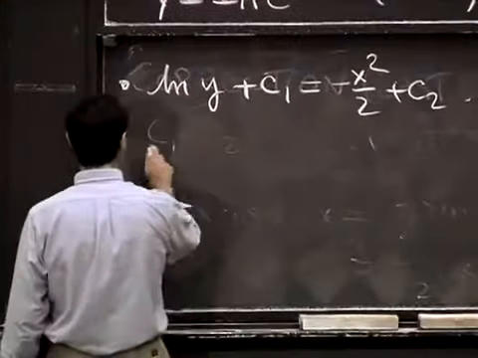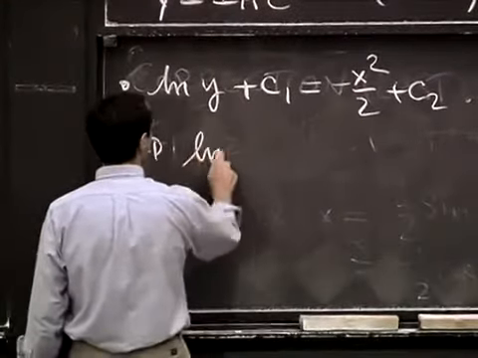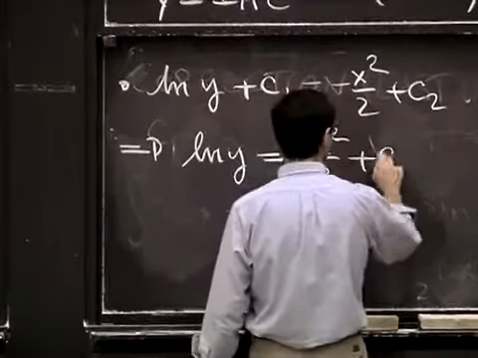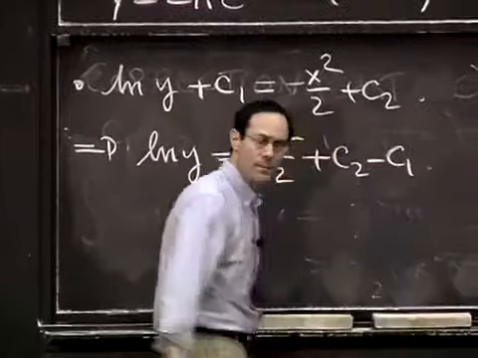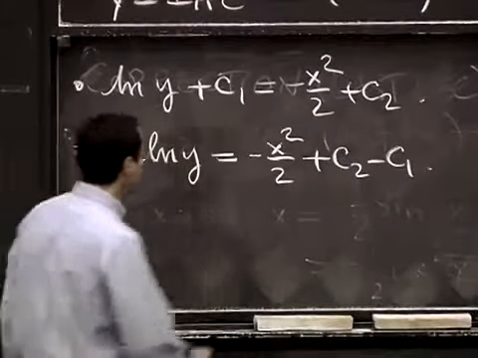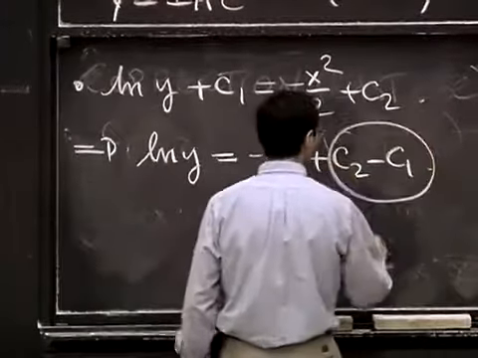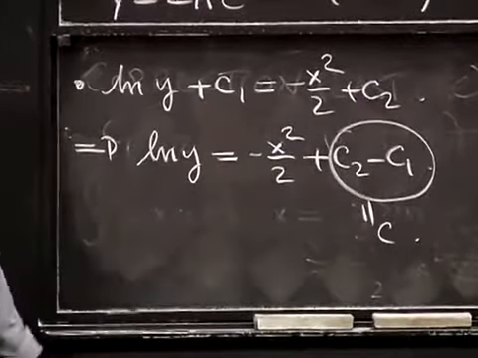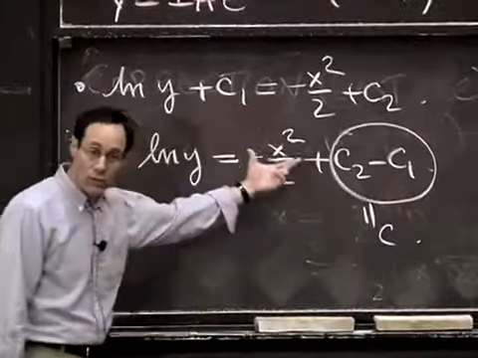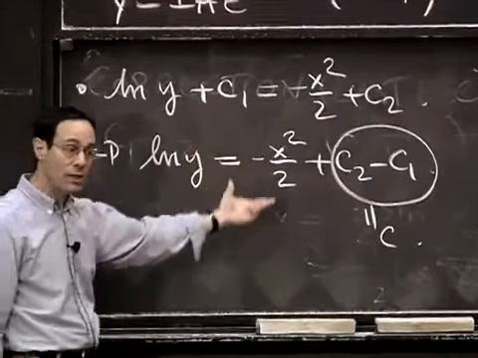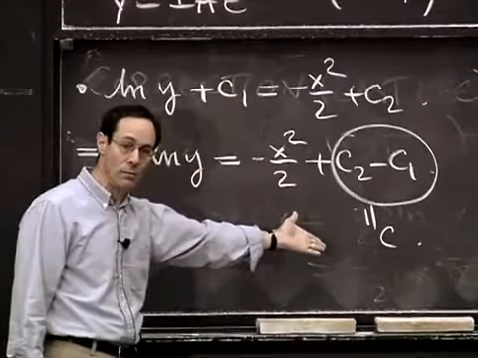But notice that I can rewrite this as log y is equal to minus x squared over 2 plus c2 minus c1. I can subtract. And then, if I just combine these two guys together and name them c, I have a different constant. In other words, it's superfluous and redundant to have two arbitrary constants here because they can always be combined into one.